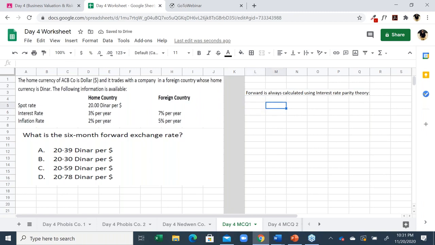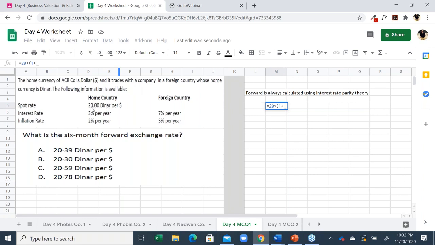So the formula is spot rate, and the spot rate is 20, into 1 plus the interest rate. When you are calculating the forward rate, the interest rate in the numerator should be of the country in which the exchange rate is being quoted.